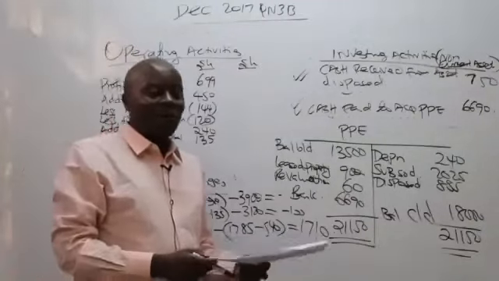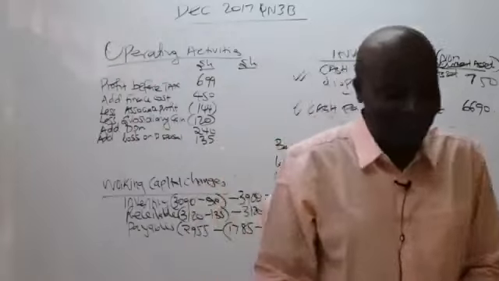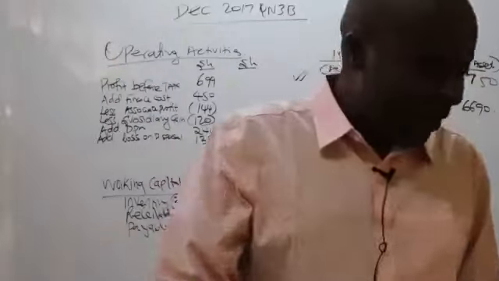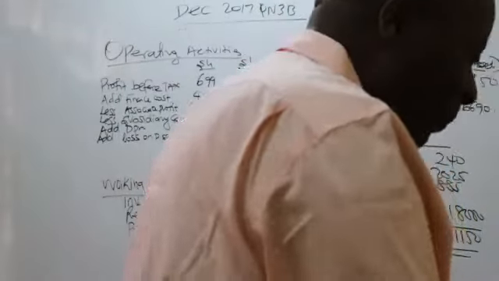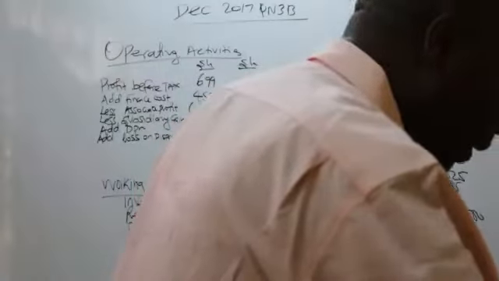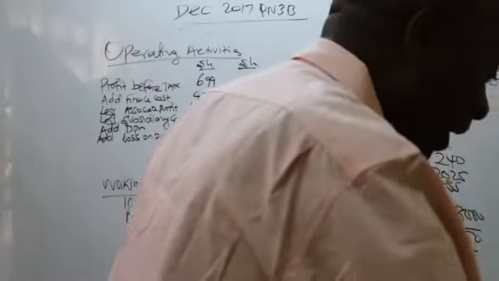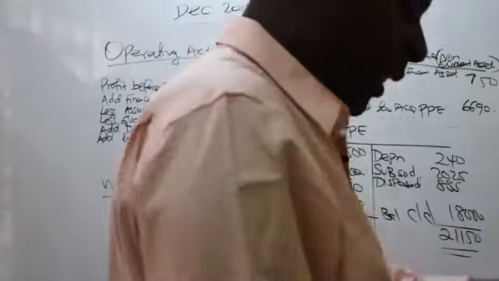Are you still with me, or are you starting to get tired now? Are my students really with me? Yes, for PPE you can go for a T account. It's negative because it is cash paid. Thank you very much.